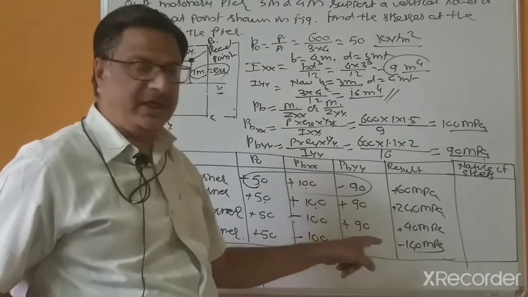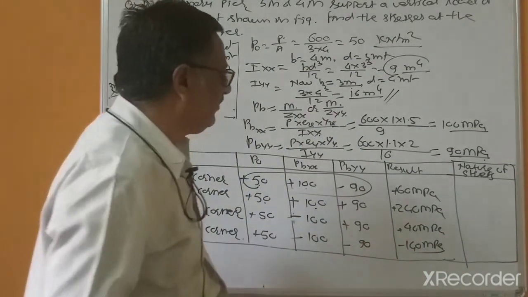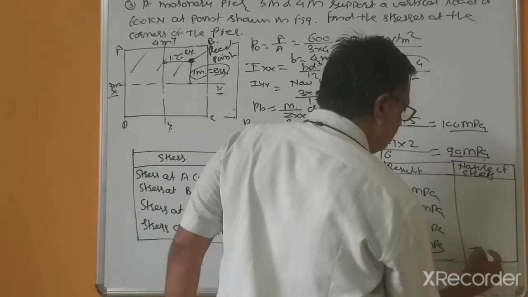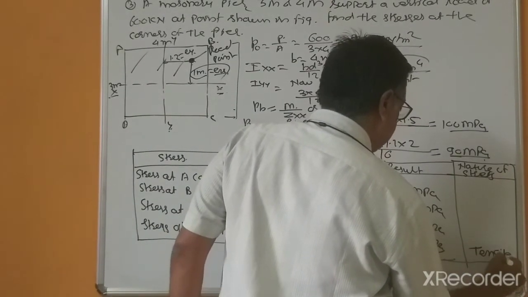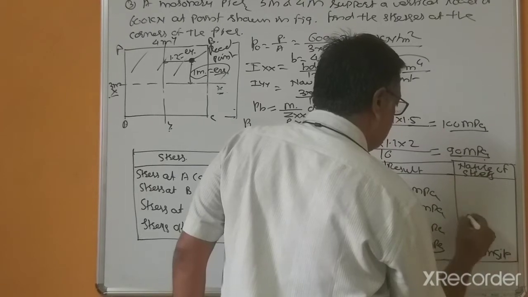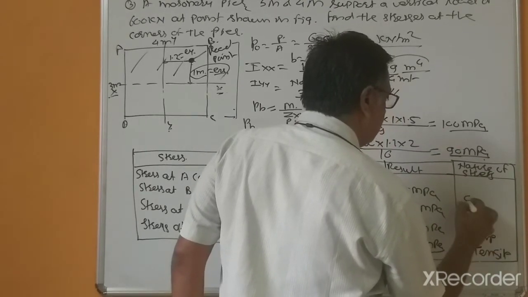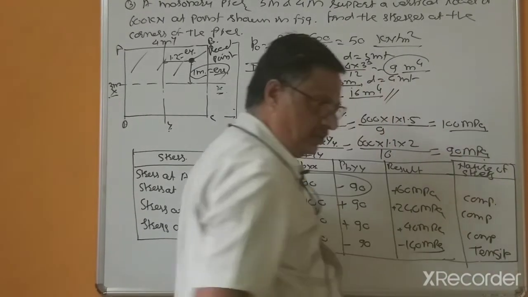So this negative sign indicates tensile stress at D corner, and the others are compressive.